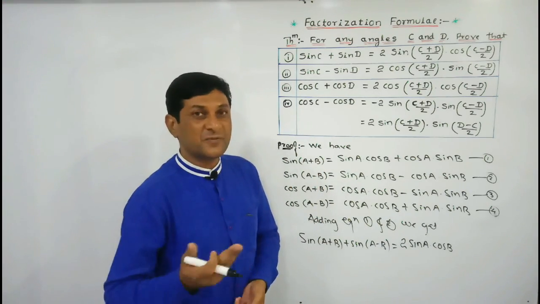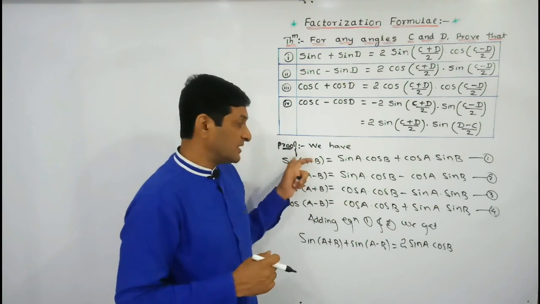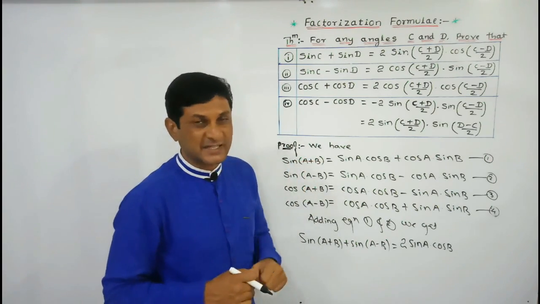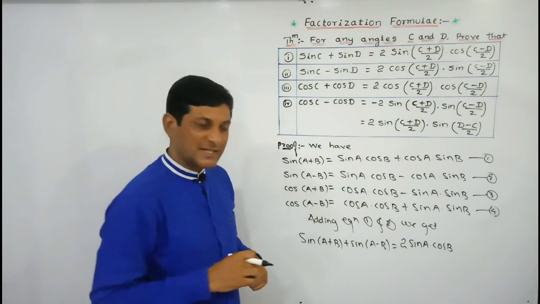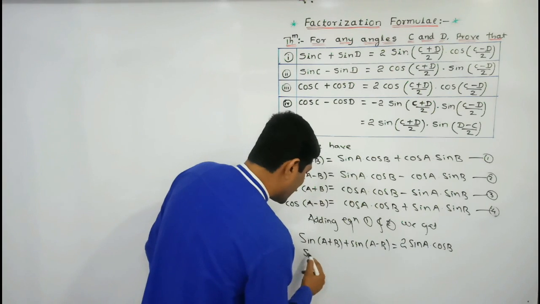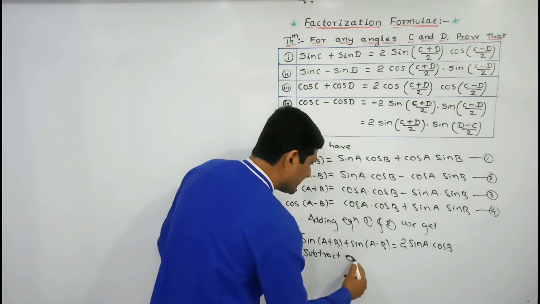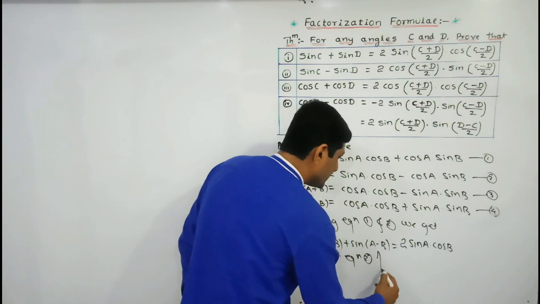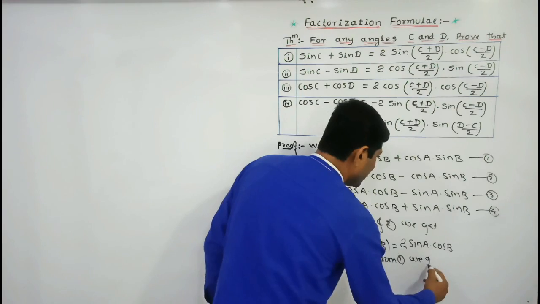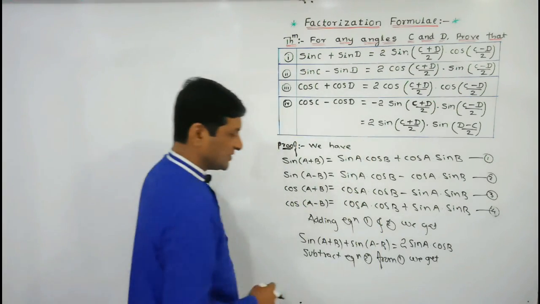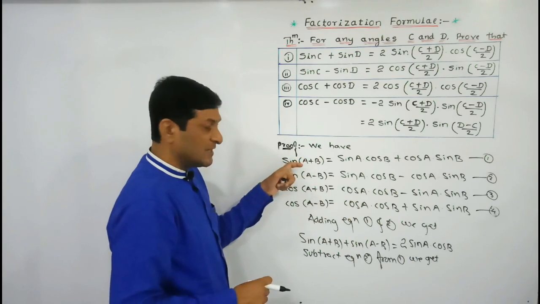Now we are taking the difference of the equations: from equation 1 we are subtracting equation 2. So we write: subtract equation 2 from 1. Let us see what we get.